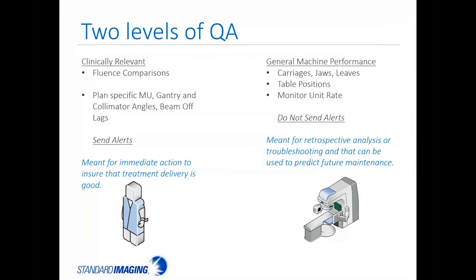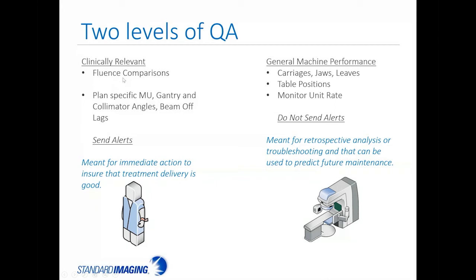So there are two levels of QA with LinacView. The clinically relevant QA, which is primarily based on fluence comparisons between the RT plan fluence calculation and the log file calculated fluence.